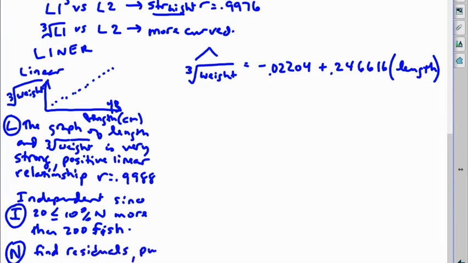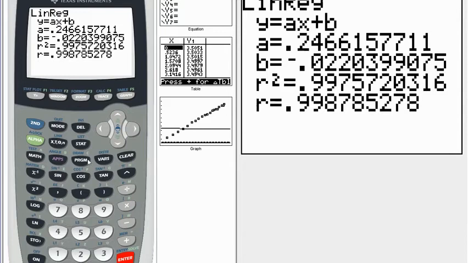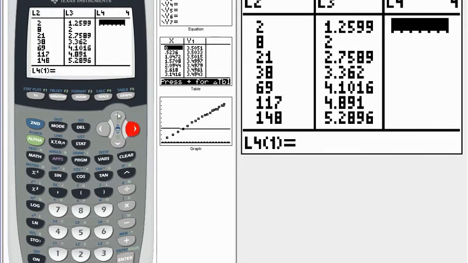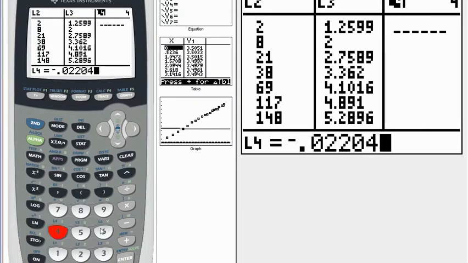I will have to take my L3, which has my transformed weights, and I'm going to get my predicted transformed weights, and I'm going to have that be in L4. So going to the calculator, putting that into L4, I'm going to enter the equation that I just wrote.